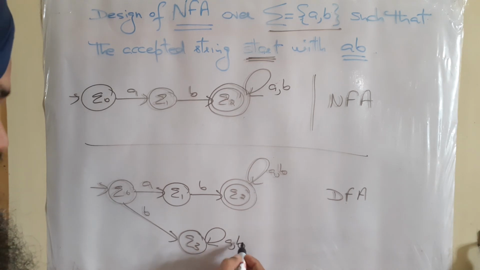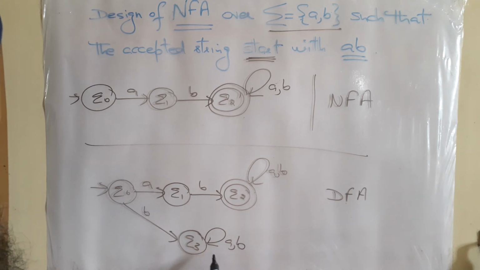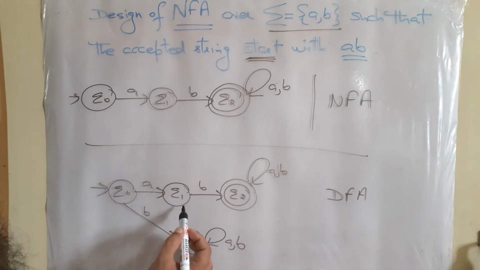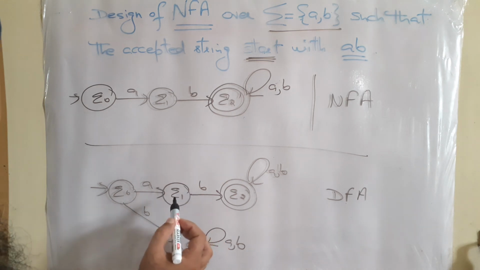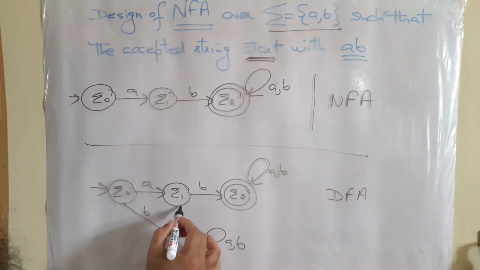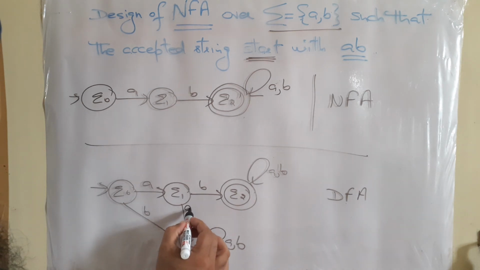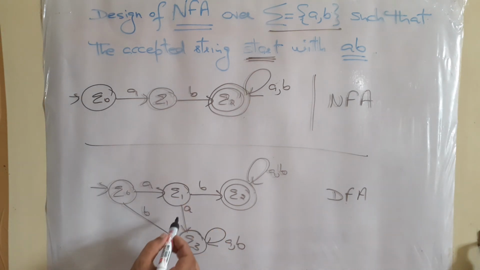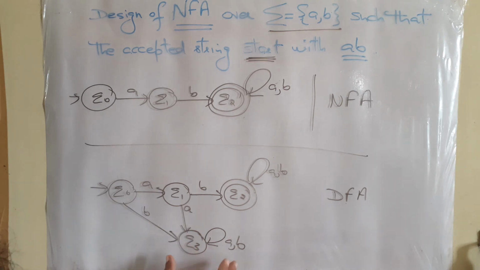Any number of a and b can be repeated, but it remains at the dead state. Similarly, what happens if a comes here? It means the pattern is disturbed, we need only ab. So if a comes here, we have to traverse into the dead state.